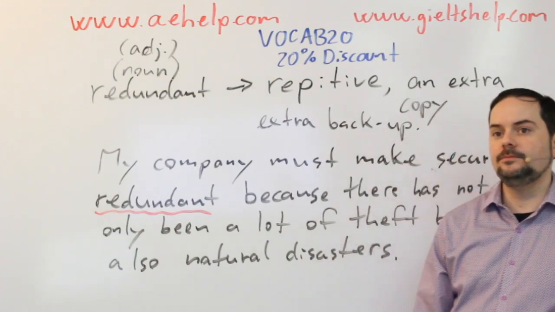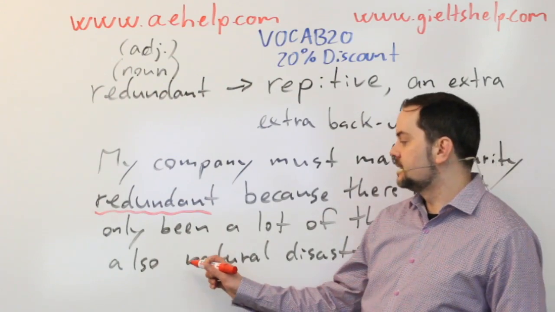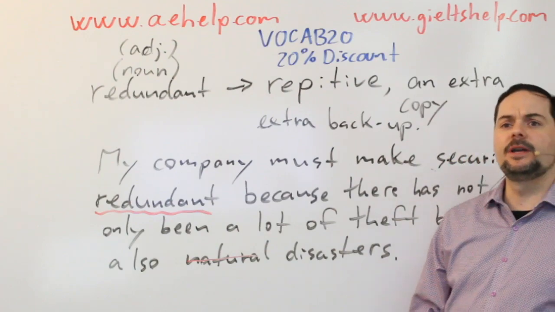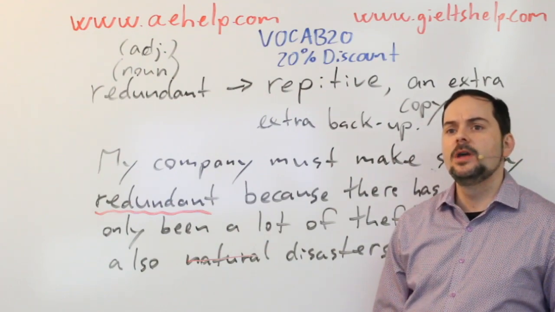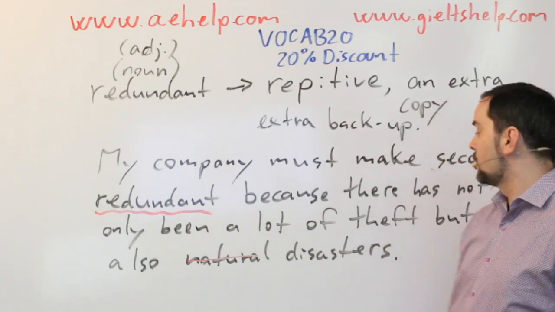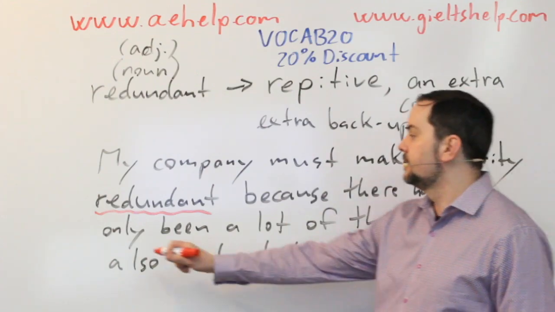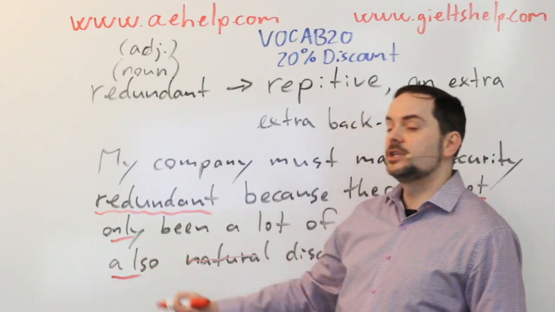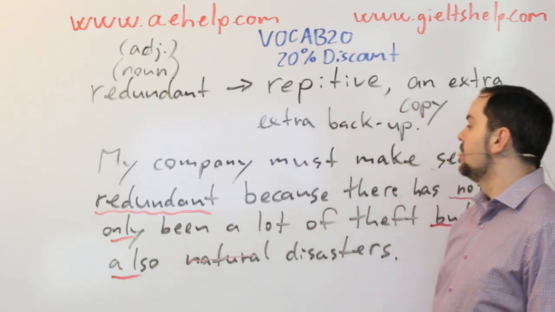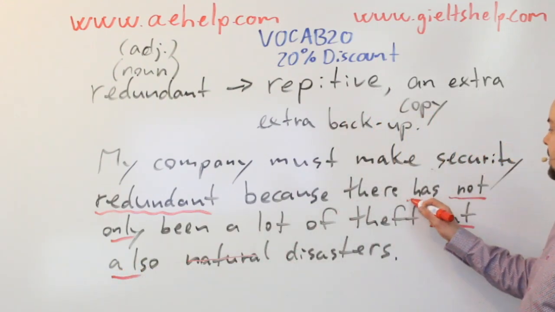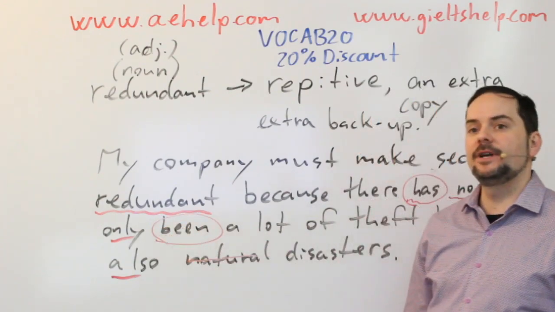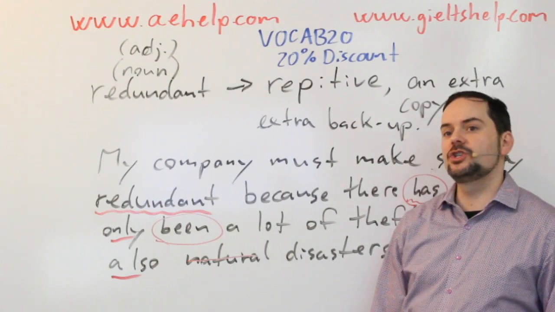So what kind of sentence? I can even take out natural here to make it a better sentence. Yeah, there's a correlative conjunction in here. So not only, but also is a correlative conjunction. We have present perfect, yep, with the has. So has been. So there's present perfect. There's a correlative conjunction. What else is in there?